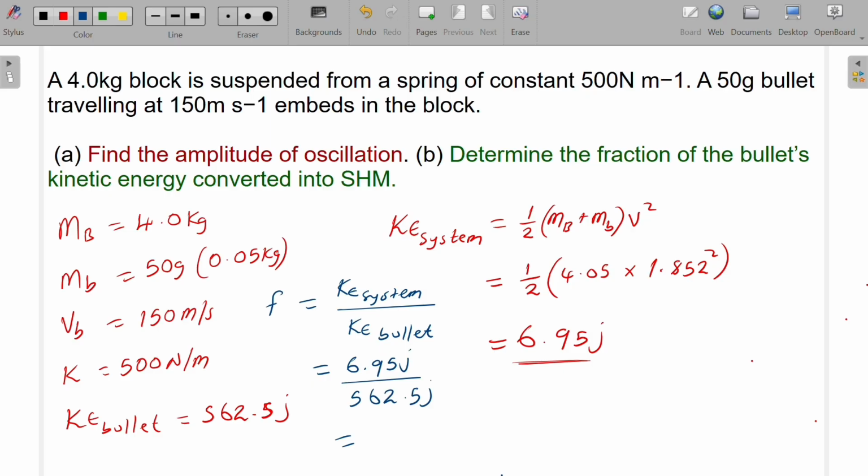All right, so this is giving me 0.01235. So I'll just say 0.0124. So this is what we are getting. This is the fraction that is turning into kinetic energy of the system.